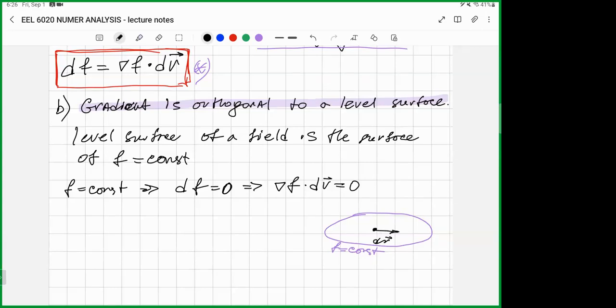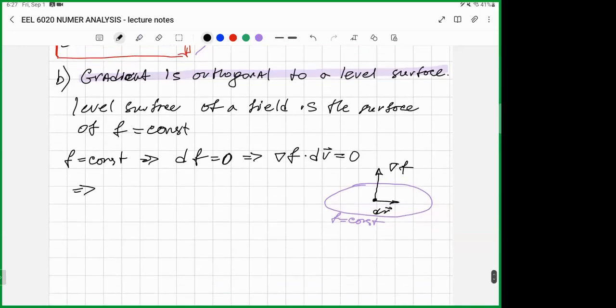The field doesn't change, and in this case the gradient must be orthogonal to dr, because the scalar product is 0. So this will be the gradient. So we conclude that the gradient of a field is orthogonal to the level surface.